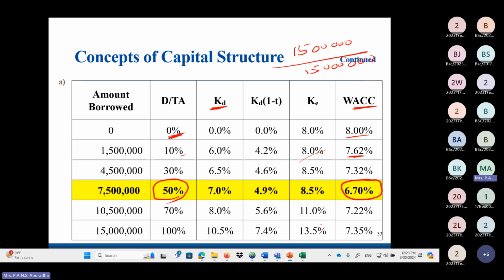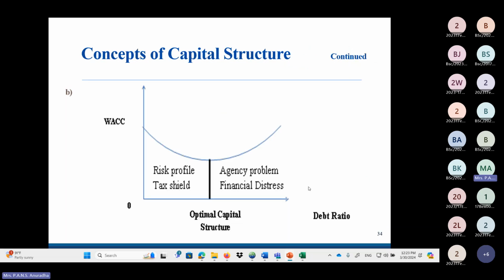In the optimal capital structure, there is a relationship like this. This is the debt ratio, and this is the weighted average cost of capital. Normally, when the debt ratio is increasing at the initial level, the weighted average cost of capital is decreasing like this. This is because of the tax shield.